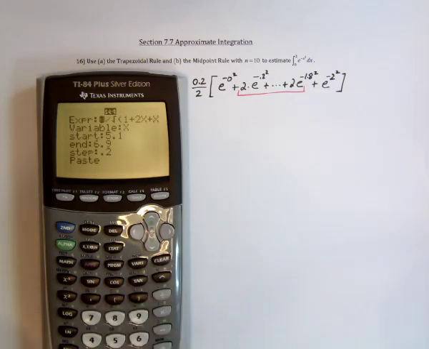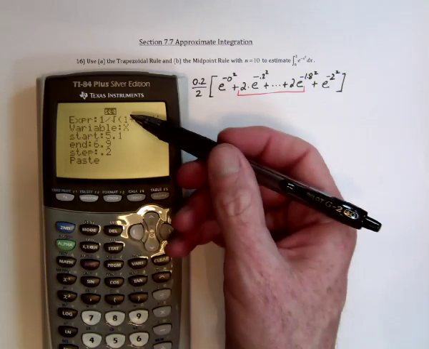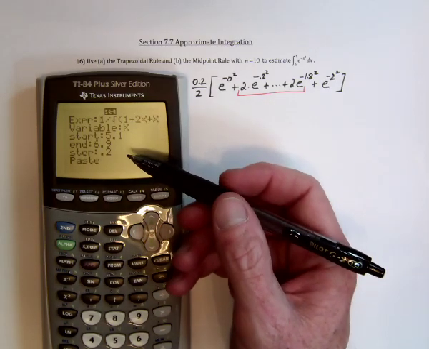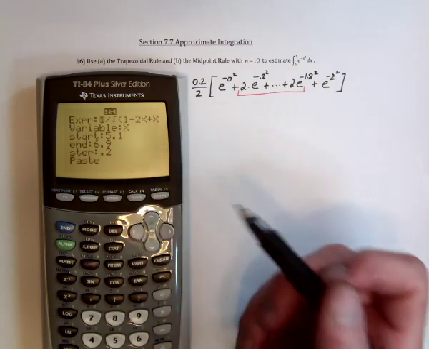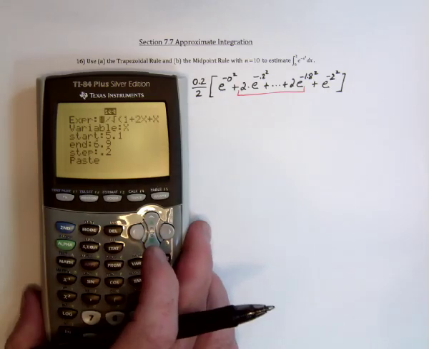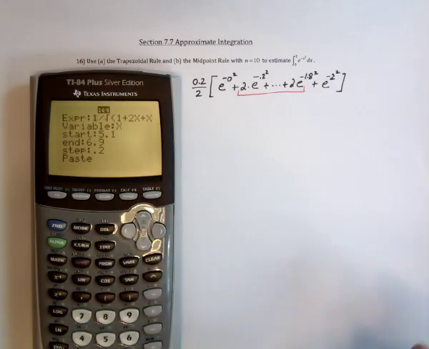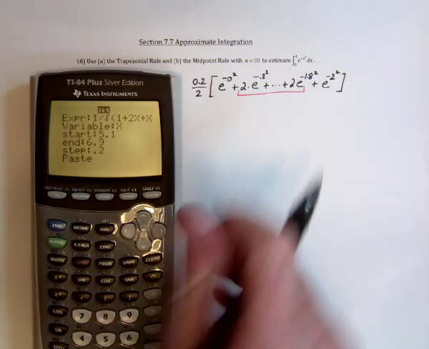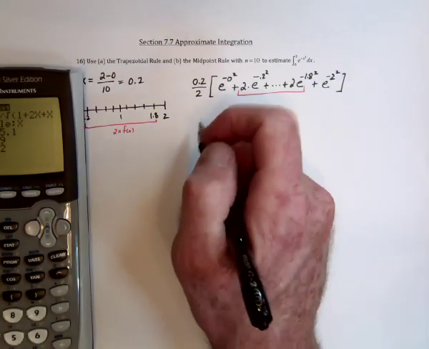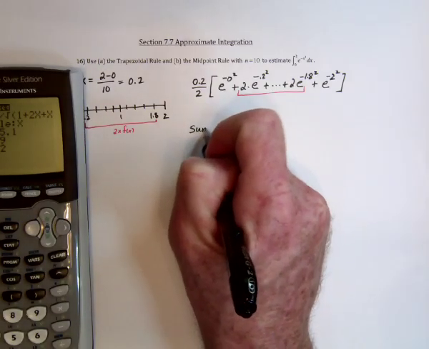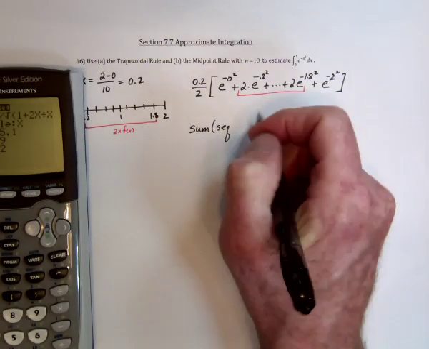Depending on how young or old your calculator is, it might look like this, or you might still be looking at the home screen. It ends up being exactly the same thing. At this point you put in the expression. If you're writing it on the home screen, it would look like sum sequence.